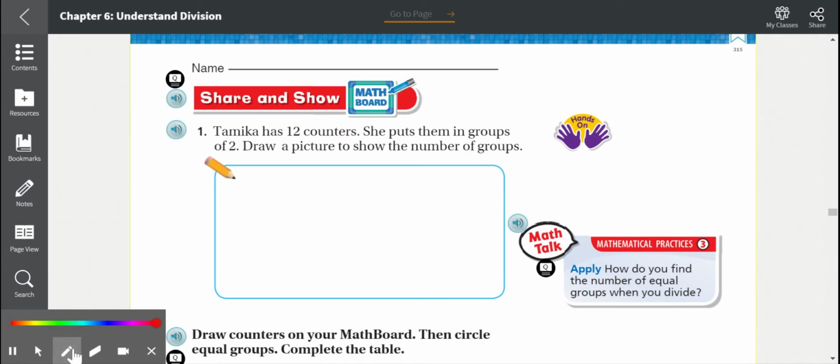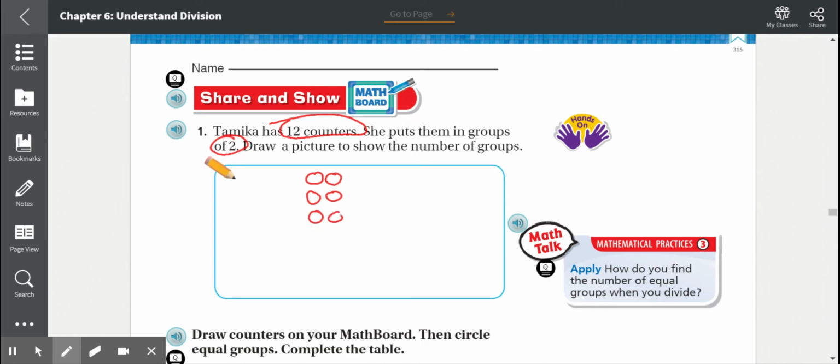Okay, number 1, Tamika. Tamika has 12 counters. She puts them in groups of 2. Draw a picture to show the number of groups. So let's start by drawing the 12 counters, and she puts them in groups of 2. So let's already kind of draw groups of 2 until we get to 12. 1, 2, 3, 4, 5, 6, 7, 8, 9, 10, 11, 12.